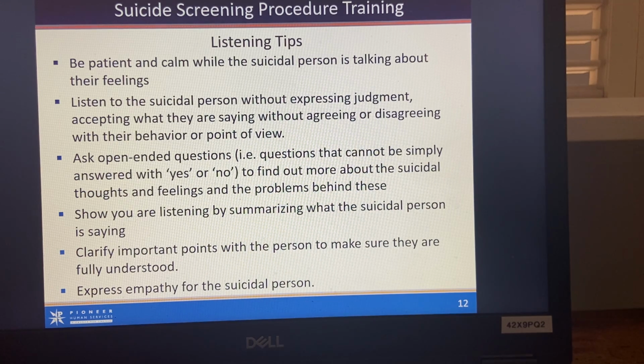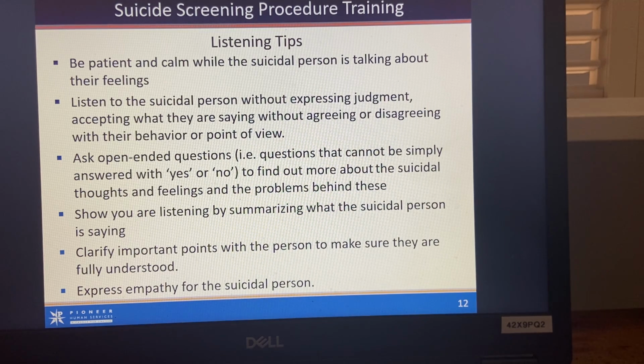for us to be our best and to be good listeners so that we can express empathy for that person when they are telling us how they are thinking and how they are feeling, by giving them our undivided attention without distraction.